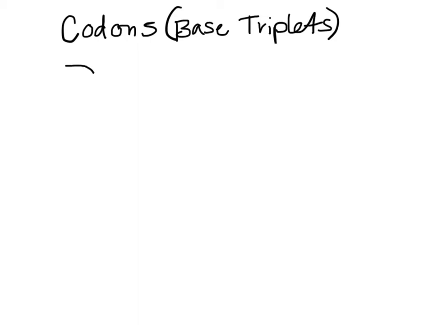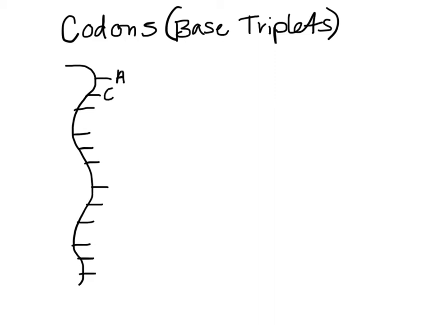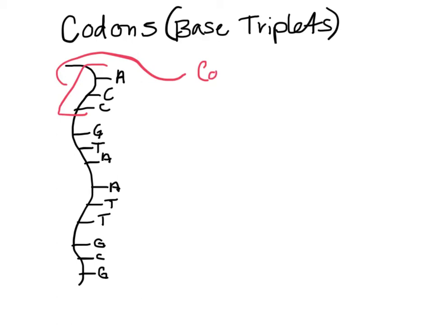Okay, so if I have this nice, pretty backbone here, and I have a bunch of bases, A, C, C, G, T, A, T, T, G, C, G, so on and so forth, this is known as a base triplet, or a codon. That codon codes for a specific protein, and we'll get to that in a little bit.